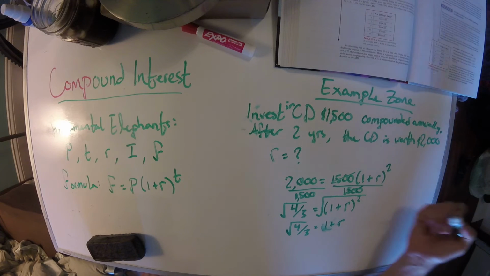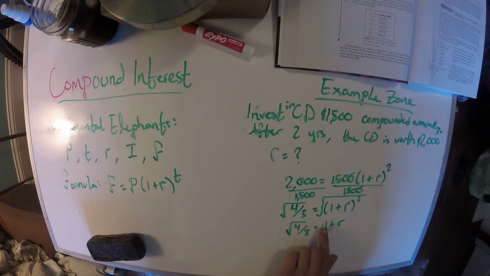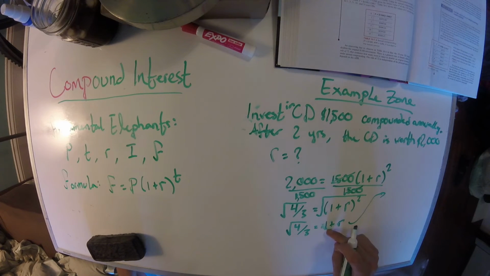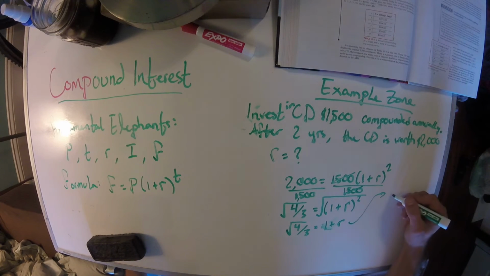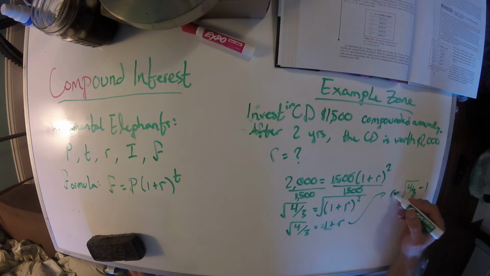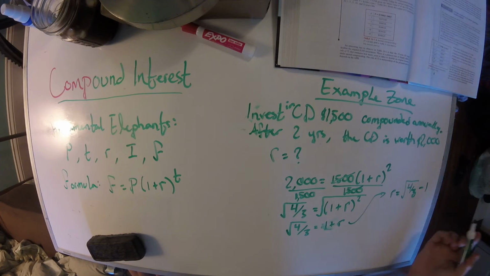Because the square root of something squared is just the thing. Okay, so now just moving this 1 over to the other side, we have that R equals square root of 4 thirds minus 1. And okay, wonderful.